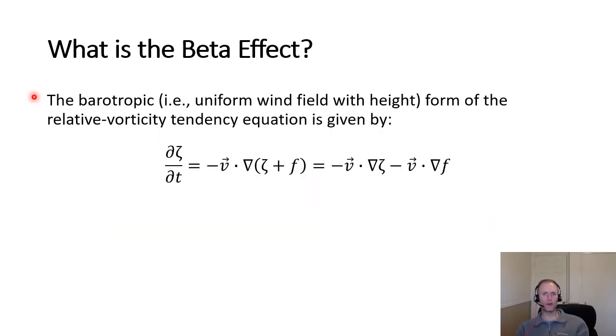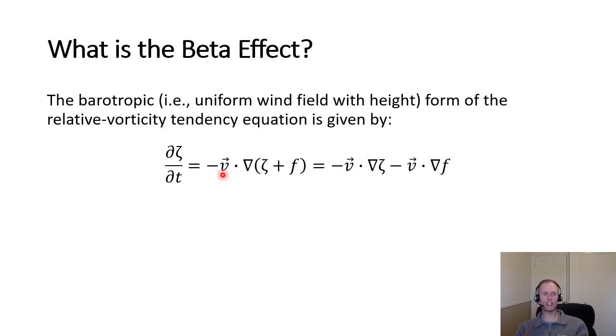So just as we did for large-scale tropical cyclone motion, let's take a vorticity tendency look at this idea of the beta effect here. If we use a very highly simplified form of the vorticity tendency equation, where this left-hand side describes the local change of relative vorticity or cyclonic rotation with time, we have one forcing term here, given that we're making the assumption of a uniform wind field with height, whether that be with the cyclone itself or the large-scale steering flow impinging upon this.